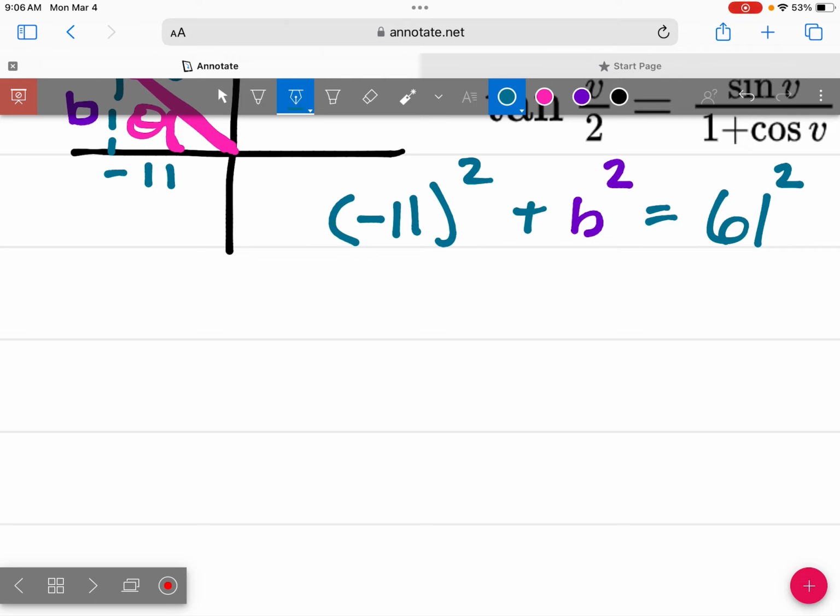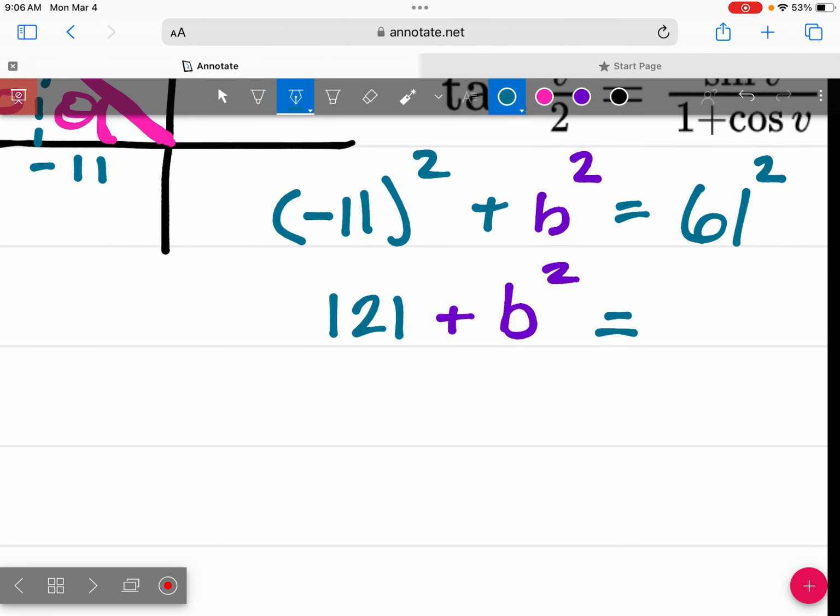So negative 11 squared is 121. Plus our b squared, which we don't know yet. 61 squared is not one we probably know off the top of our head. But we have calculators, and they're our lovely best friends. What is 61 squared? 3,721.